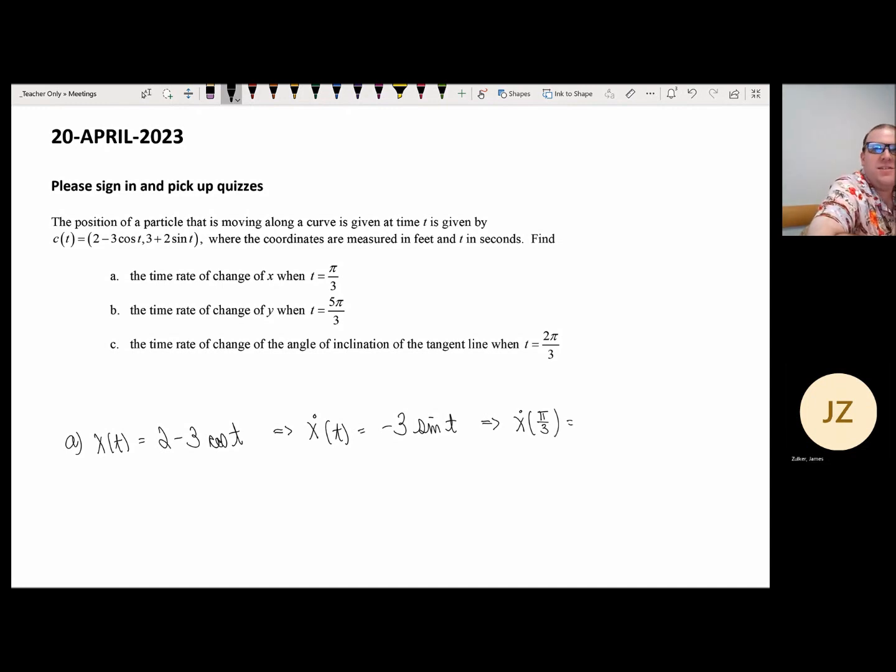Evaluated at pi over 3. Oh, I'm sorry, that shouldn't be negative 3 sine, because we already have minus 3 cosine, that should just be positive 3 sine.